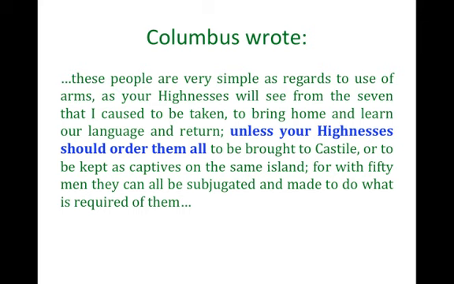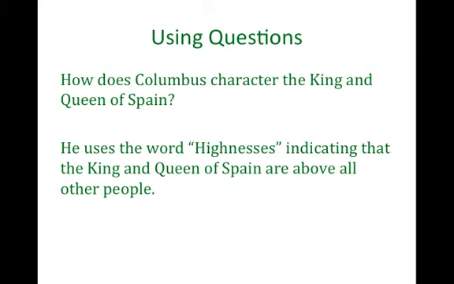So let's move on here. The way that we're going to go about generating the subtext is by asking questions that help us to get at the characterization of historical actors. So how does Columbus characterize, I spelled that wrong, the king and queen of Spain?